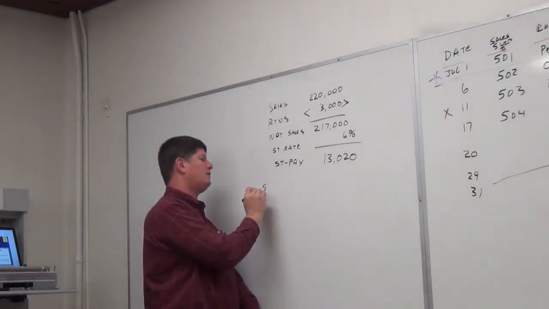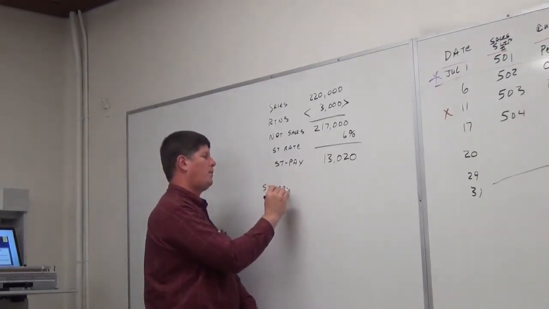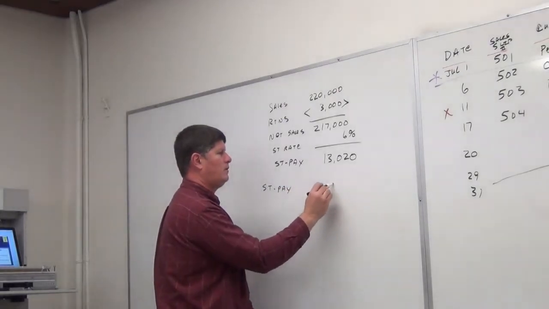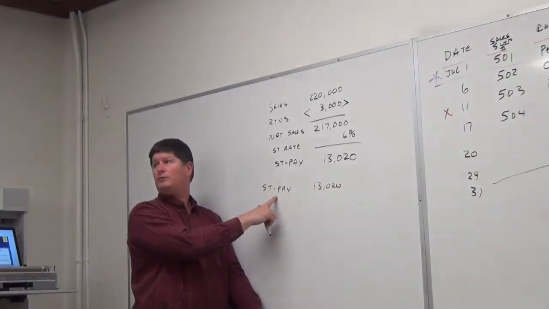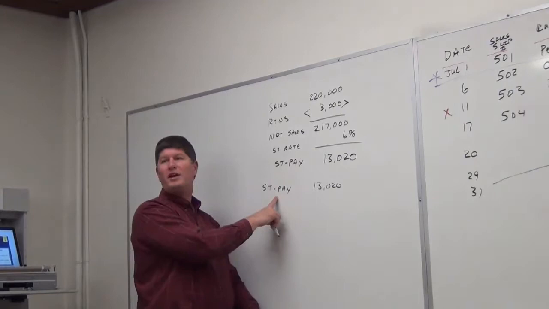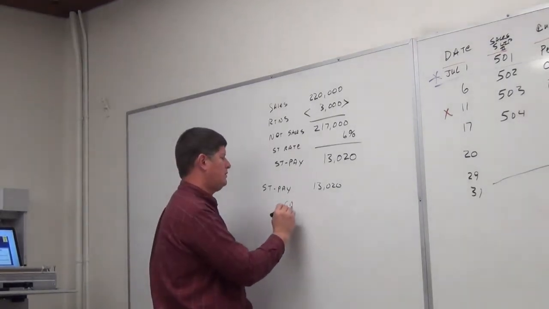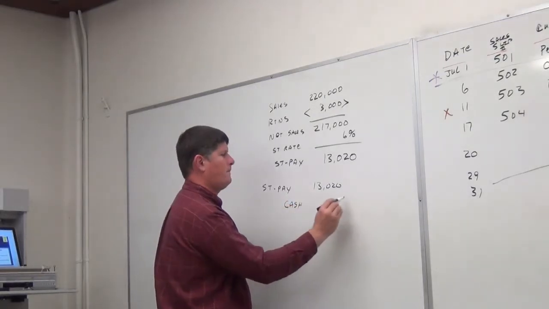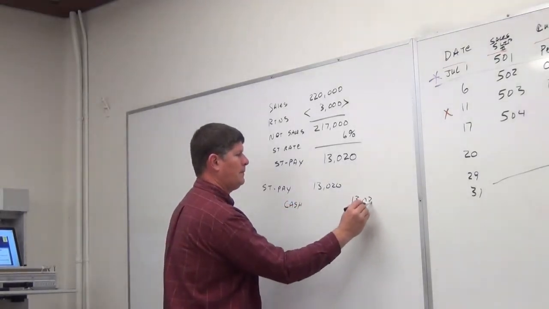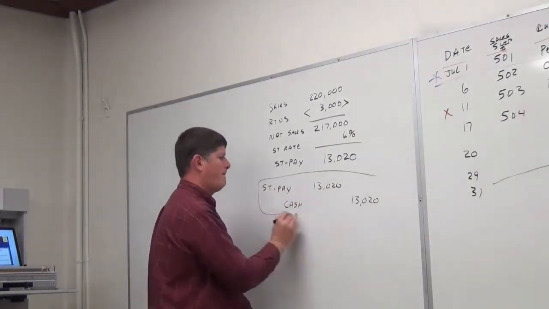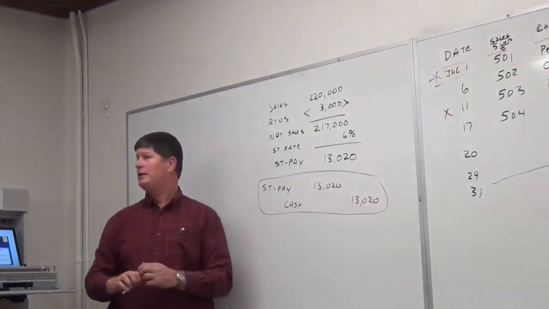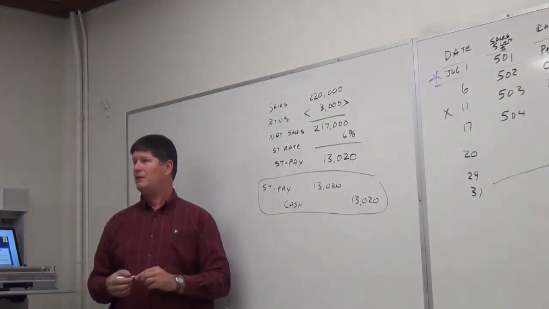Down, so it's a debit. Sales tax payable. Okay, what am I giving up to make this liability go away? Cash. There's your entry. So cash is the credit.